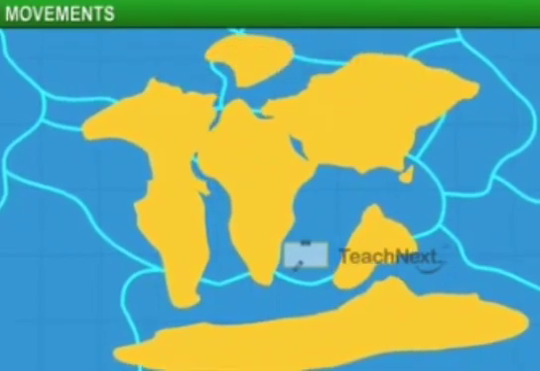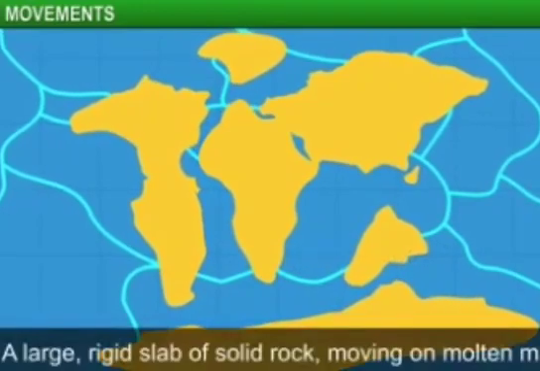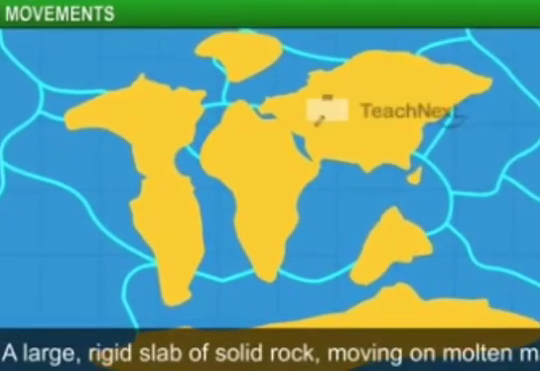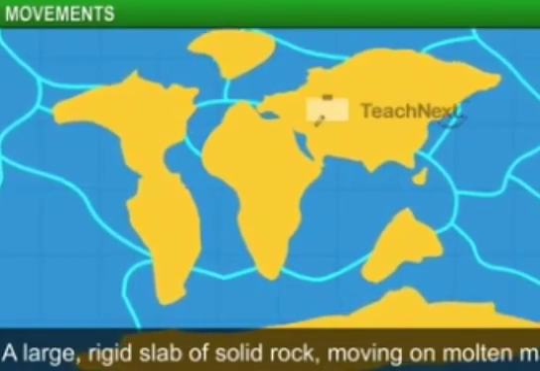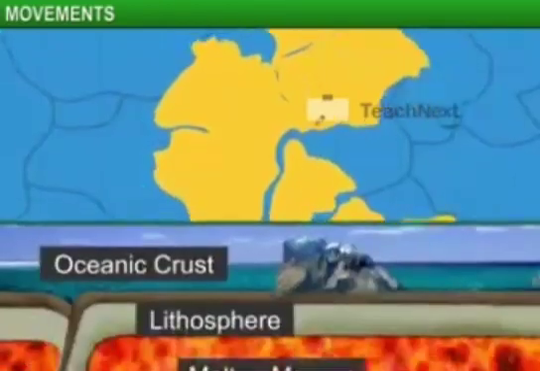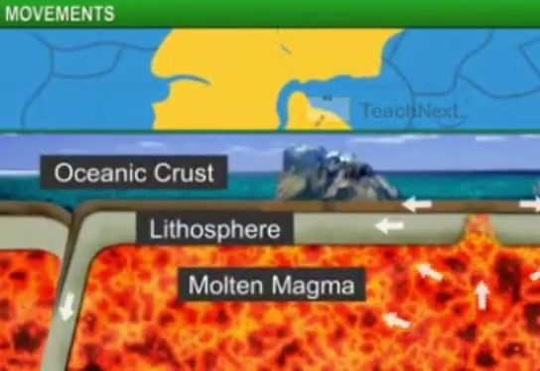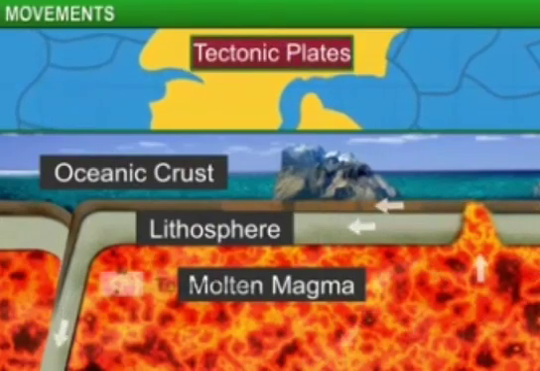A plate, in geological terms, is a large, rigid slab of solid rock moving on molten magma on the Earth's surface. The circular movement of the molten magma inside the Earth causes the tectonic plates to move slowly.